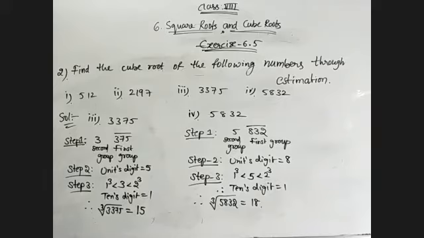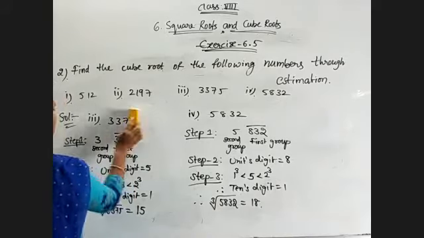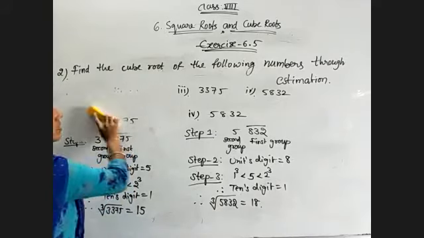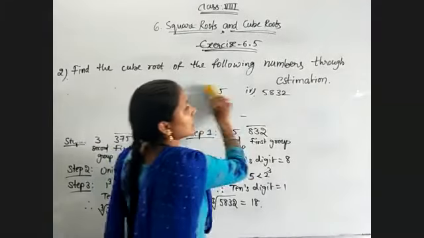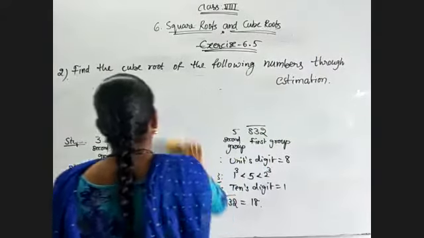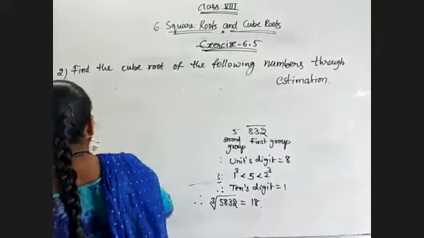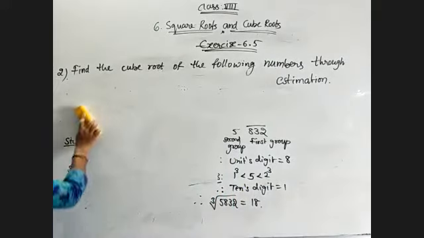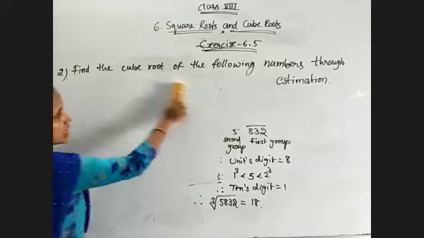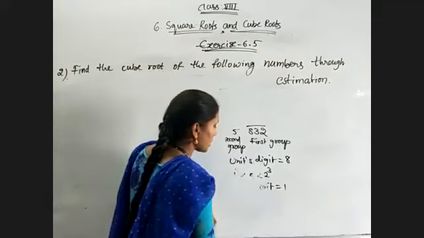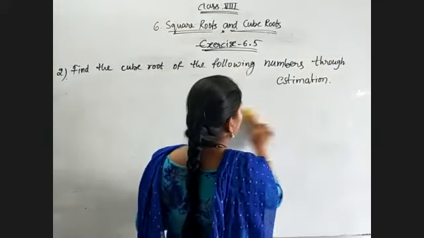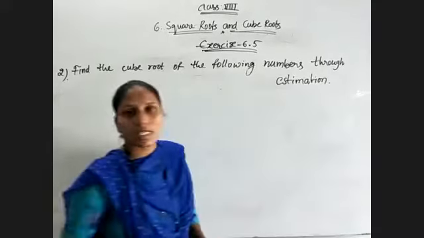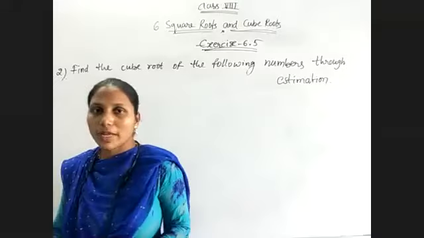Now just observe some of the extra problems on this. Not exercise problems. If the numbers are given in decimal form, in that case, how will we select its cube root? So listen carefully, then only you'll understand the estimation method. Otherwise, you can't understand. By simplifying more problems, we can easily find the cube root by estimating.